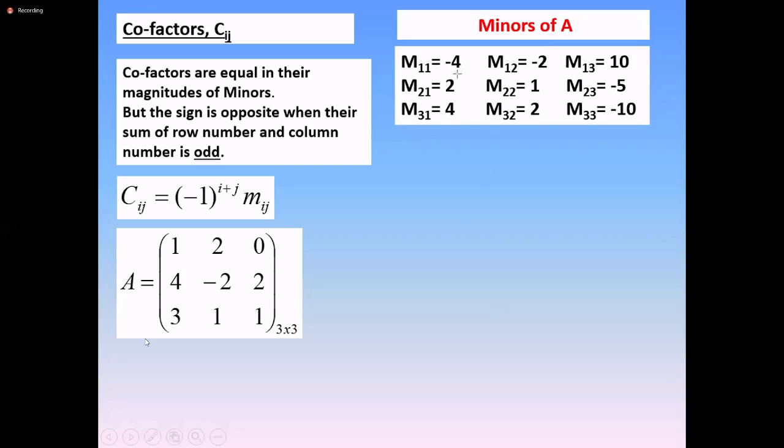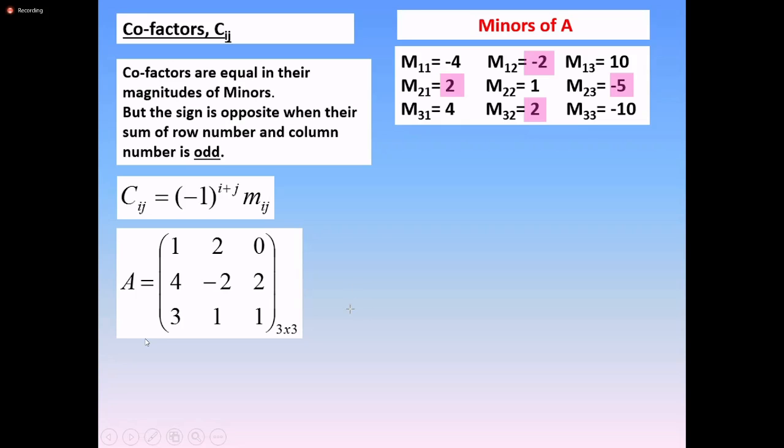Let's say minor value and cofactors are same except these values. These 4 elements, minor value is equal to the opposite sign of cofactor, or cofactors are equal to the magnitude with opposite sign.